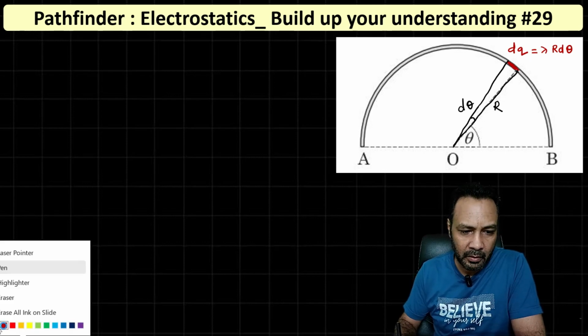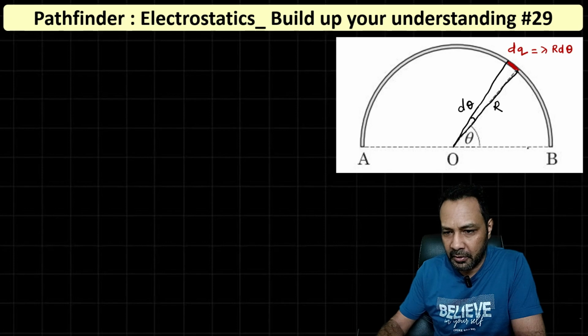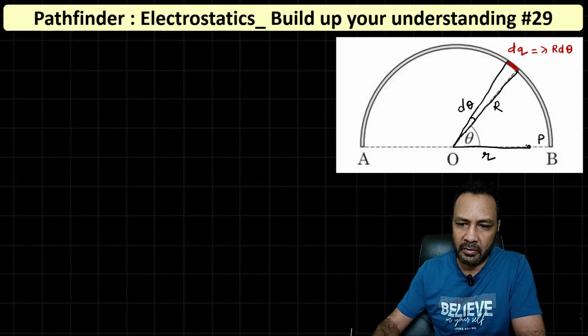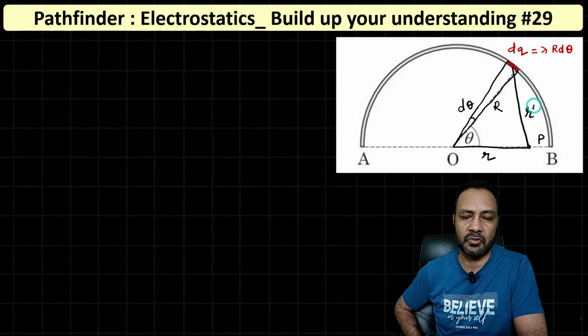Now let me take a general point P here on the diameter, at a distance small r from the center, and suppose this point P is at a distance r dash from the element chosen.